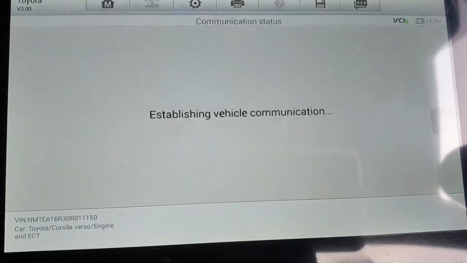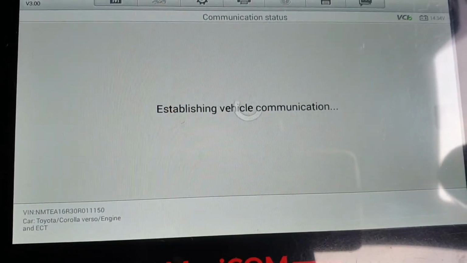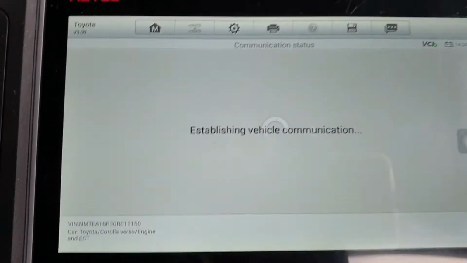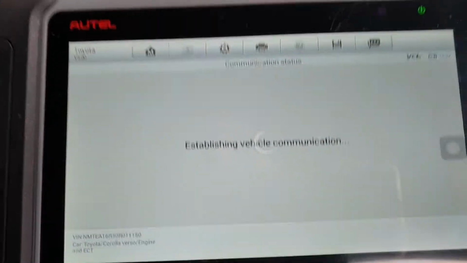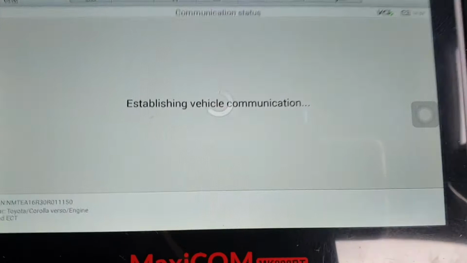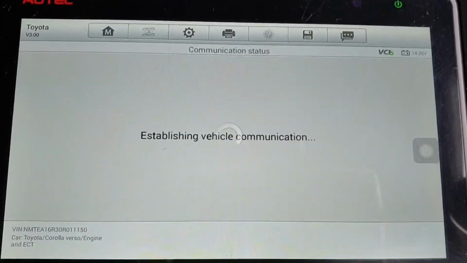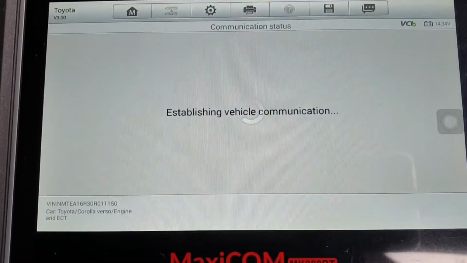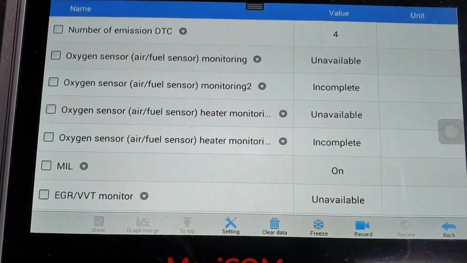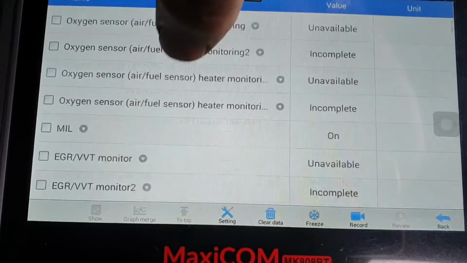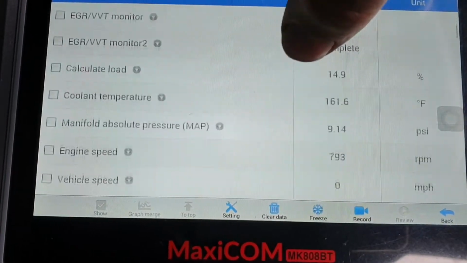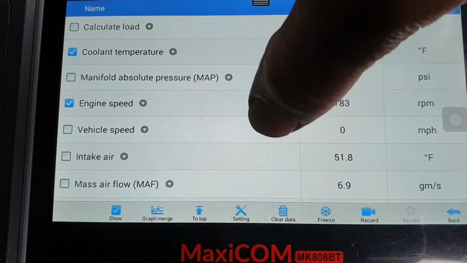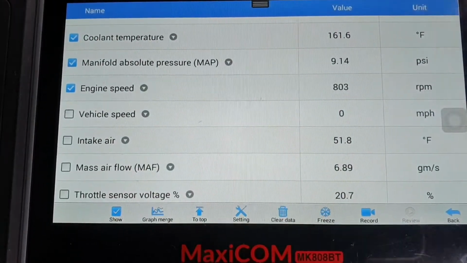I'm going to the live data page on the scanner. The engine is running. Let me see coolant temperature, engine speed, manifold absolute pressure.